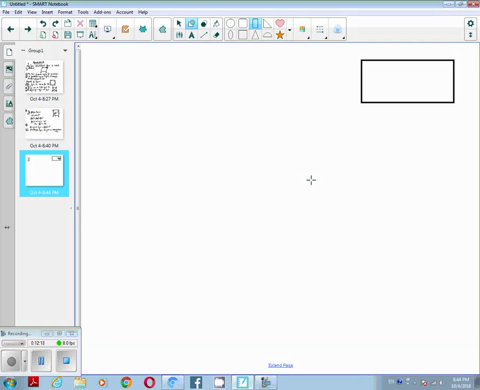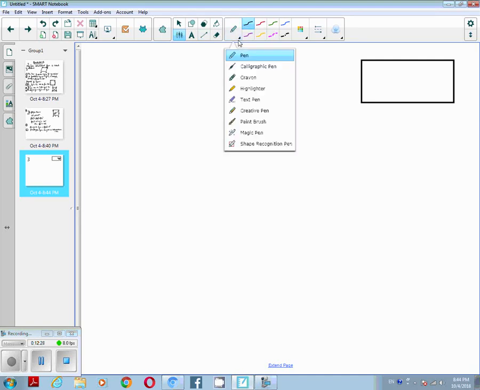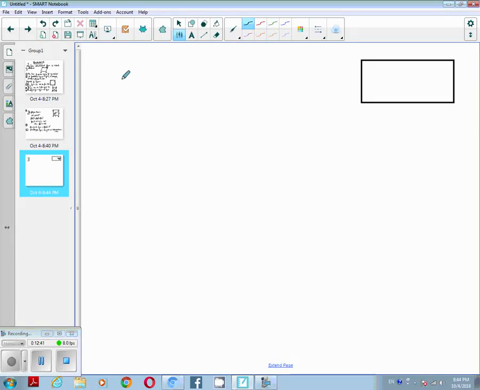This is a rectangle. This is rectangle ABCD.